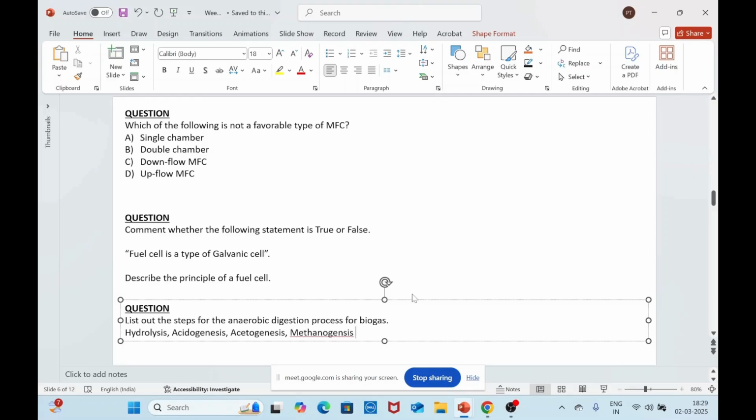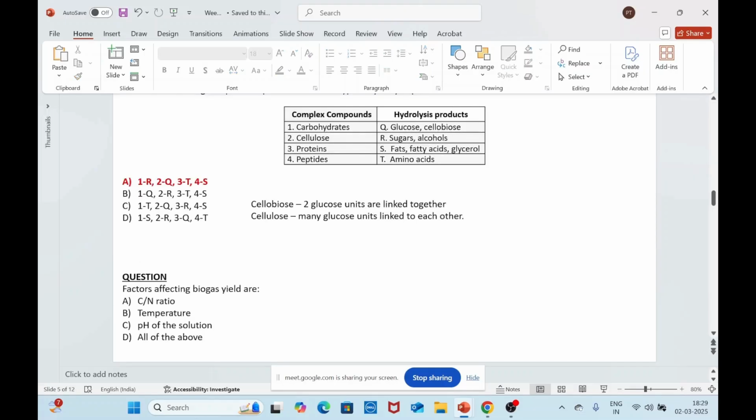Your acetogenesis is going to use bacteria which can lead to the production of acetic acid, and for methanogenesis you are going to use some methane producing bacteria. So when you are going to use bacteria, the temperature and the pH of the solution are going to become very important. If you are not going to use appropriate temperature or appropriate pH, these bacteria are not going to be effective, so they will just die. So that will reduce the yield.